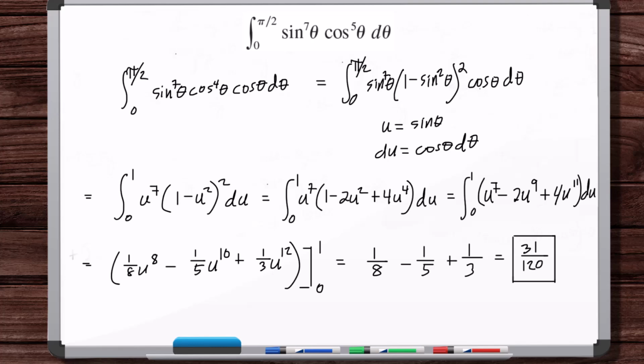Okay, so I messed something up. I don't know why I put 4u to the 4th. That's just positive u to the 4th, right? Minus u squared times minus u squared is just u to the 4th. So this would be 1/12 u to the 12th.